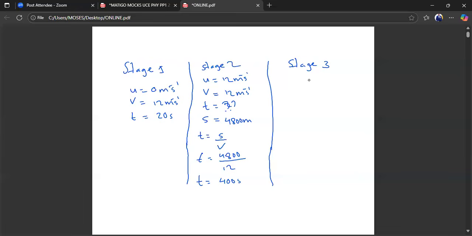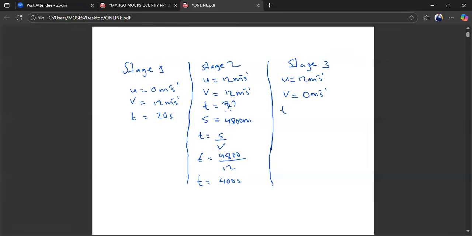Then stage three. Now remember, when you are doing this analysis, the final velocity of the previous stage becomes the initial velocity for the new stage. So in stage 3, our initial velocity u will be 12 meters per second. And our final velocity, because here the cyclist came to rest, is going to be 0 meters per second.